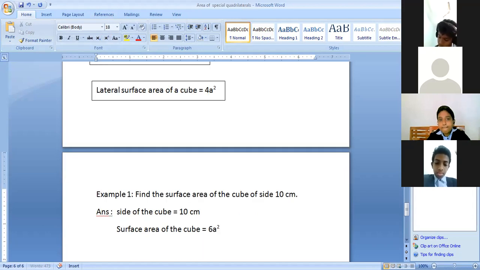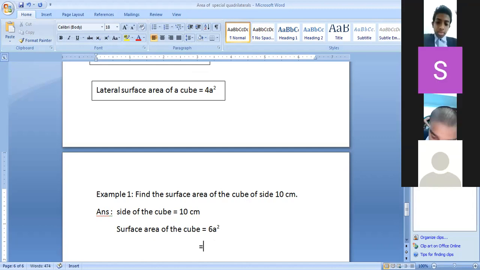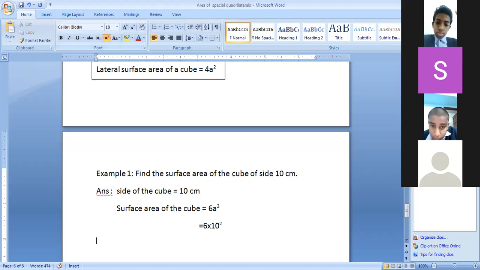Okay. Then substitute 6 into a square. A square means 10 square, right? What is 10 square? 10 square means 10 into 10.